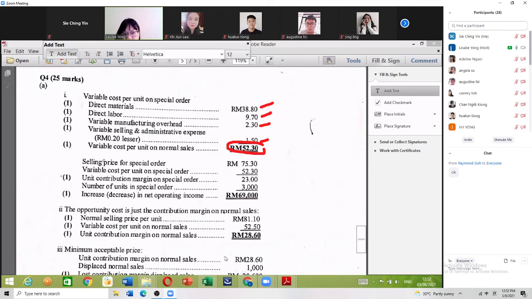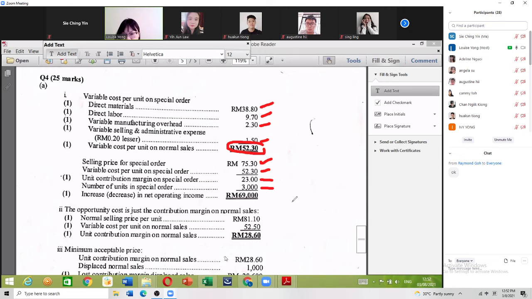Okay, so the selling price for your special order $75.30, less your variable cost per unit on this special order $52.30, so your contribution per unit is $23, then multiply by this special order 3,000 units.